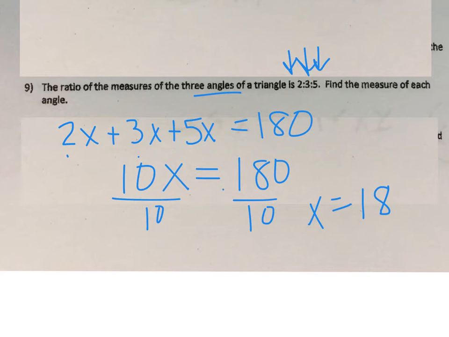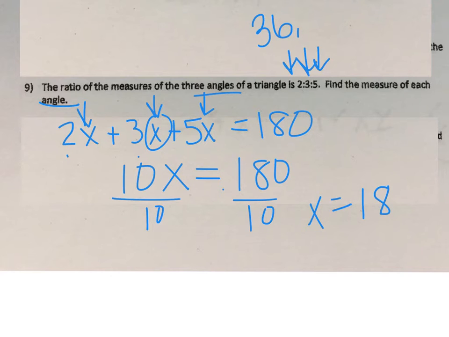The question, though, asks us to find the measure of each angle. So if x was 18, then we need to plug 18 in for x for all of these. So our first angle is going to be 2 times 18. So the first angle is going to be 36. And then we're going to plug an 18 in for here.